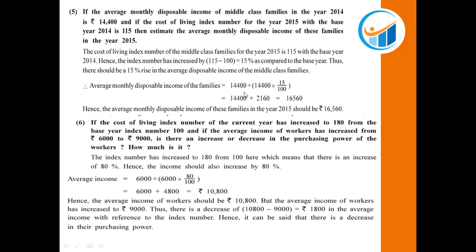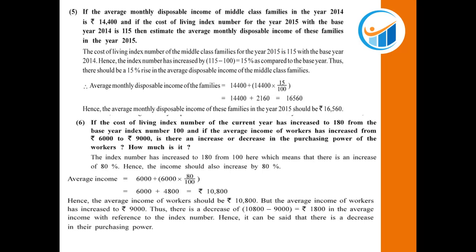So your average disposable monthly income of families in the year 2015 should be 14,400 plus 2160, so we can say it will come to 16560. So our final answer is average monthly disposable income of this family in the year 2015 should be rupees 16560.